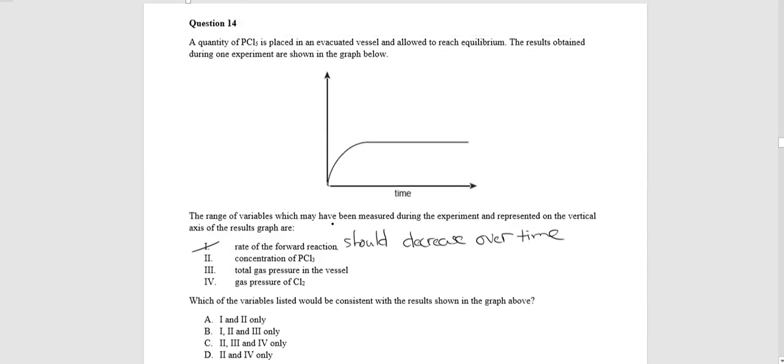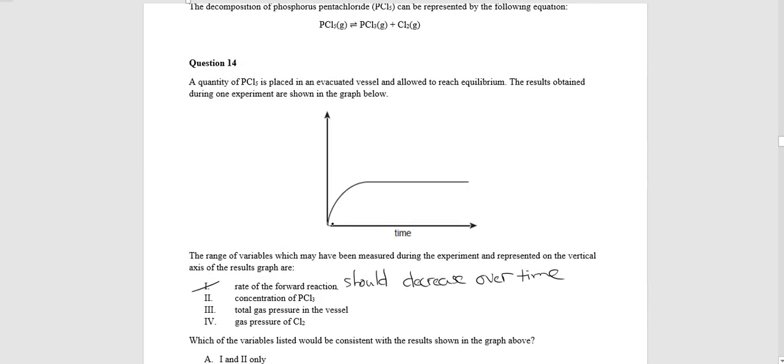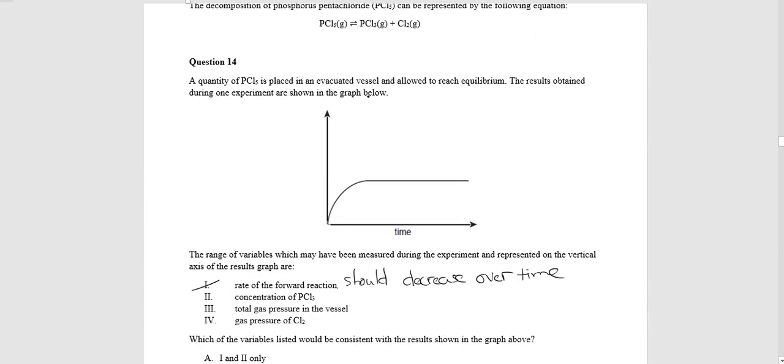Second one, concentration of PCl3. Potentially, because you start with PCl5, so over time the concentration of PCl3 is going to start at 0 and it's going to increase over time. So you can potentially measure the concentration of PCl3 and get this graph.